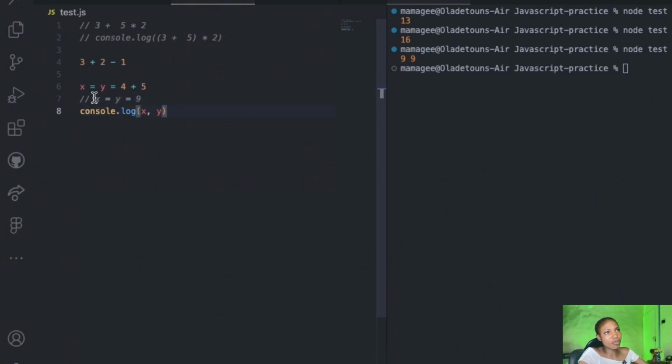Because if it had gone from left to right, x doesn't have a value, so assigning it to y is like, what is going on here? But assignment operators have the associativity from right to left. So you can always reference the documentation to check the precedence value and the associativity for each operator.